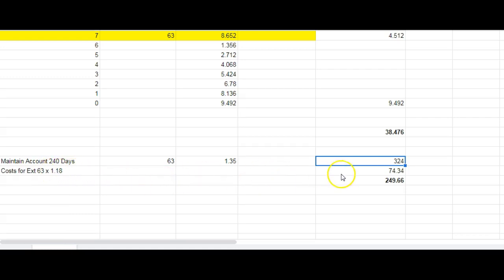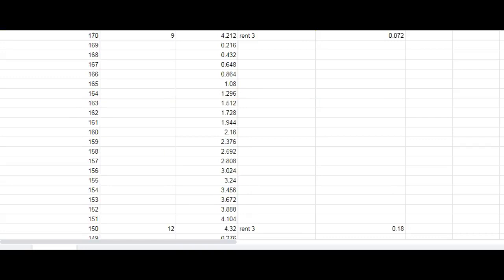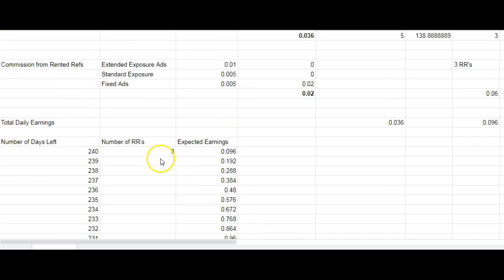And that cost is going to be a total of $74.34. Now you don't need to pay that all at once, because the only thing that you need to start with is to pay your extension costs for the first 3. So you're paying at this stage just under $4.